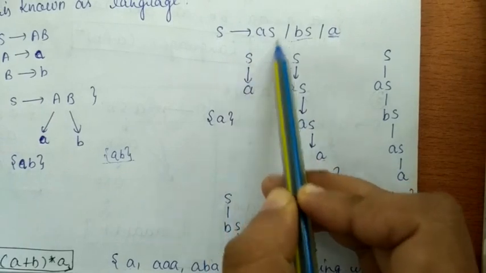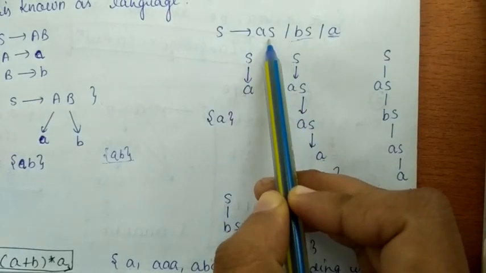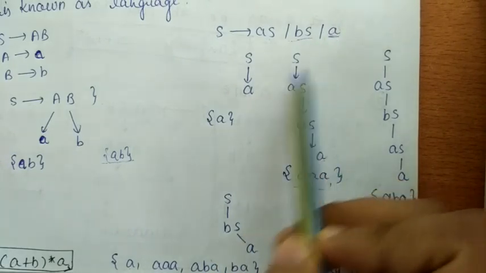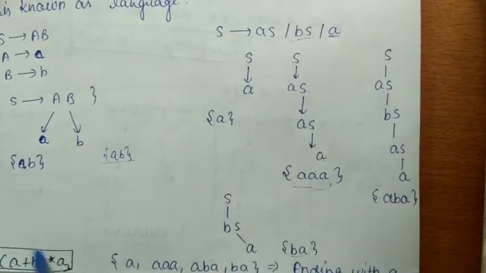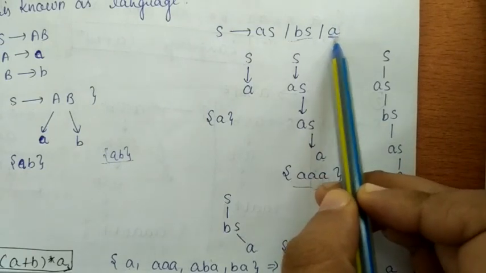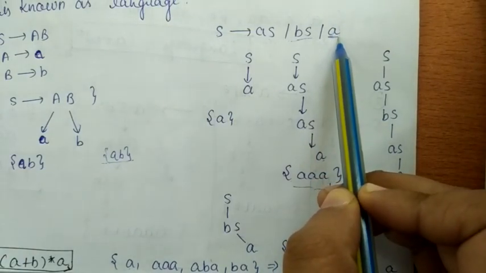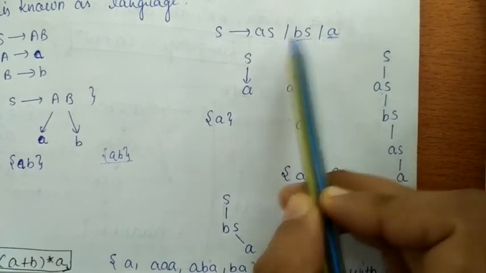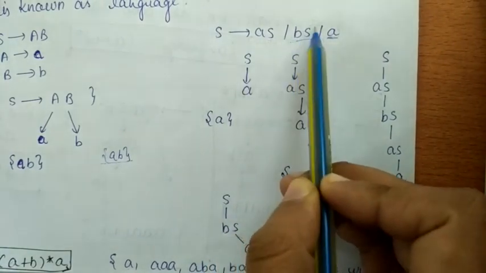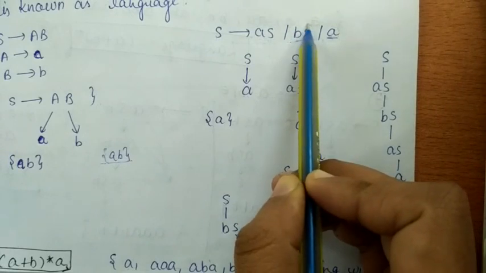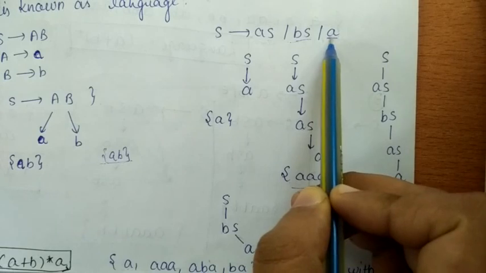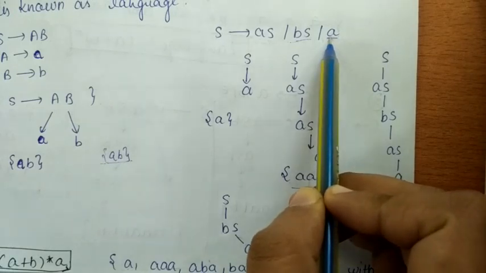If we take this production, at last we will have to replace S, because if we want to generate a string, we always have to end with a terminal, and here we have only one terminal, a. So if we replace either by this or by this, we will have to end up with a only, because we have only one terminal a.